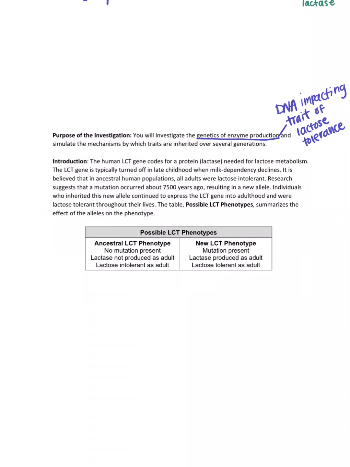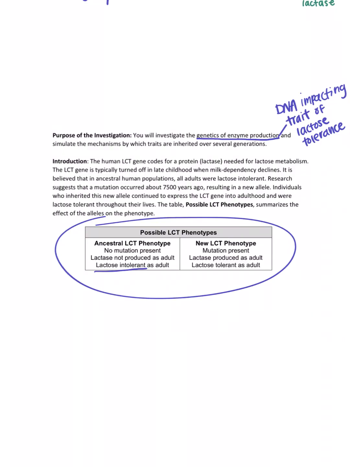So there's a lot of new vocabulary in this passage, and there's going to be a lot of new vocabulary in the lab itself. So make sure you come to class really having a good understanding of enzymes themselves and how they work so that we can apply this to this investigation that has a lot of other new information as well. One main takeaway is going to be the enzyme model that we labeled together and this table right here: when there's no mutation, there's no lactase produced, and an individual would be considered lactose intolerant.